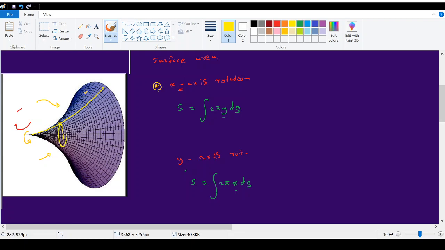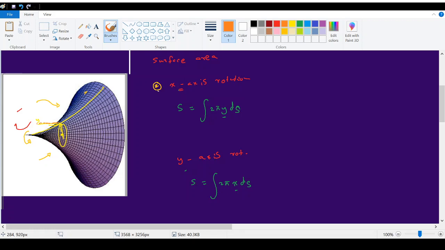And in that circle, you have the y coordinate as the radius of that circle. Again, this is just a method to memorize, not the derivation of this equation.